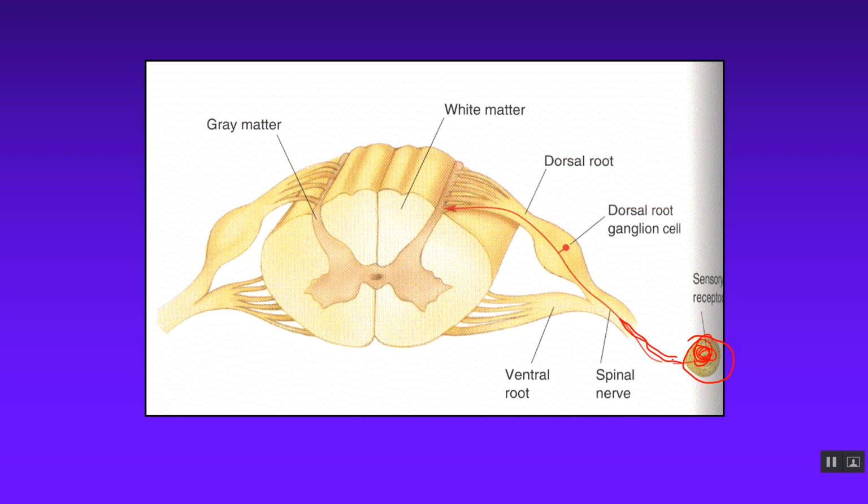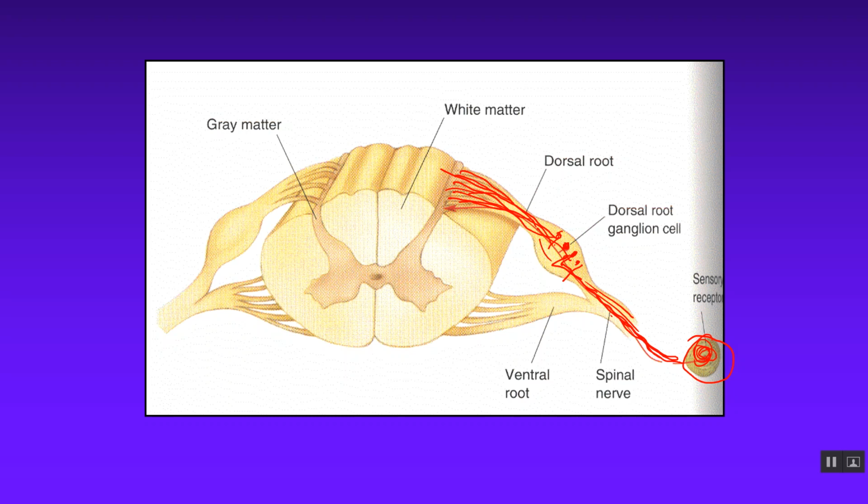But here's the peripheral axon, right? Here's that cell body lying in the dorsal root ganglion. And remember, there's lots of them in here, and then there's lots of axons coming out to make up that peripheral nerve. This would actually be the nerve root at this point, and so you have multiple axons coming into this dorsal root. This is the back part of the spinal cord, associated with those cell bodies of those pseudo-unipolar long axons.